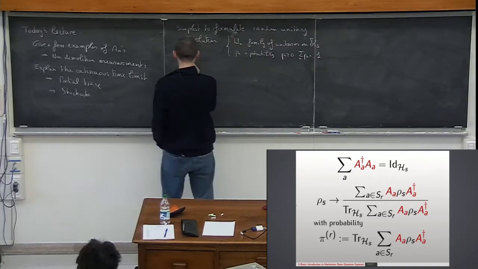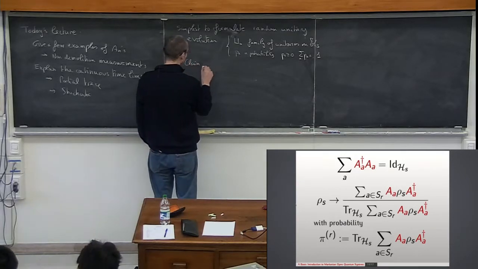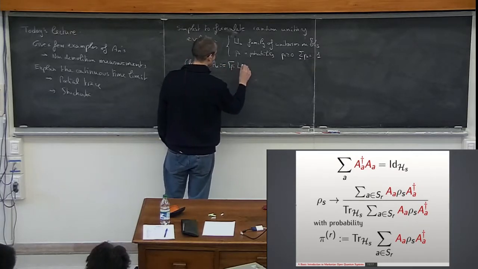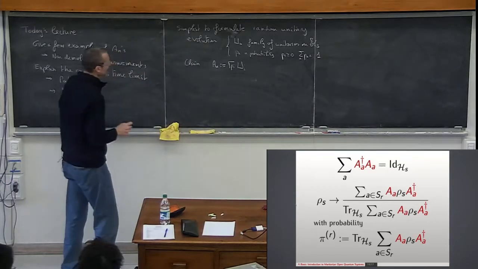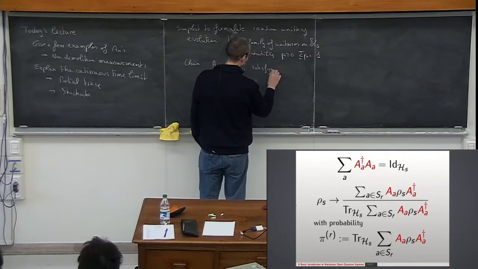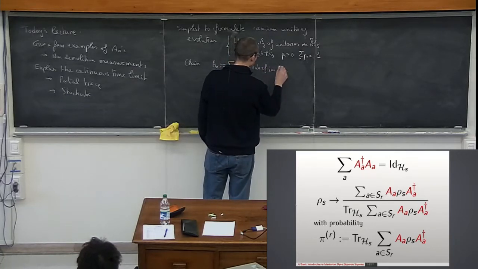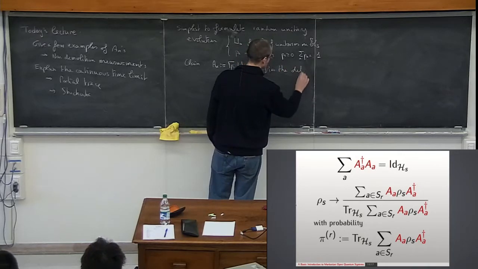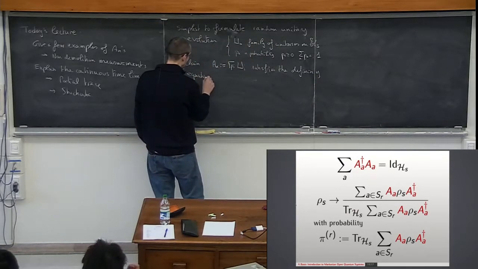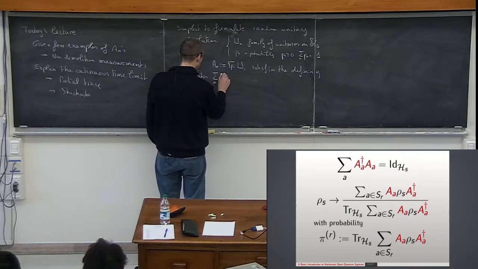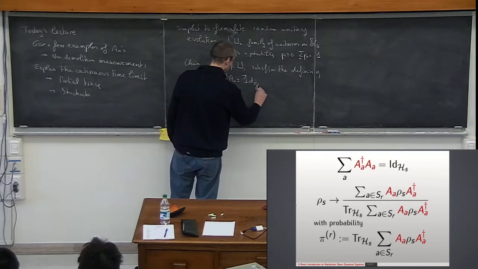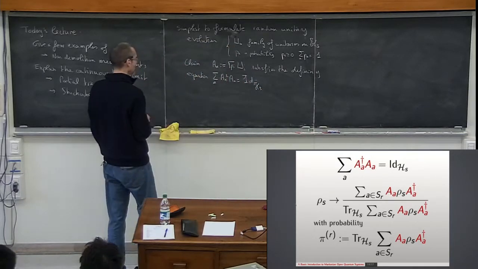And then I claim, which is obvious, that AA, which I take by definition to be the square root of PI UI, satisfies the defining equations: the sum over A of A dagger AA is equal to the identity on HS, and the kind of evolution you find.